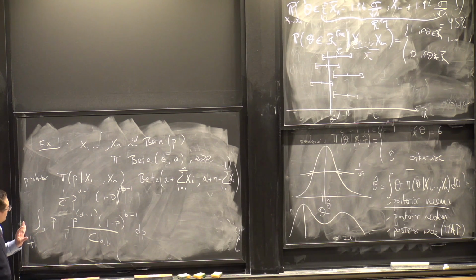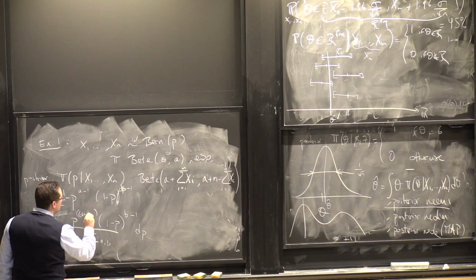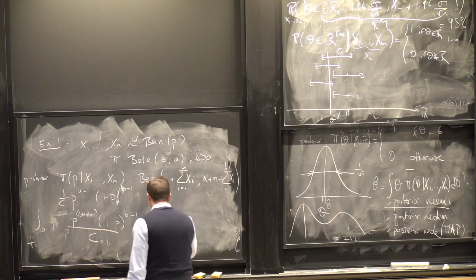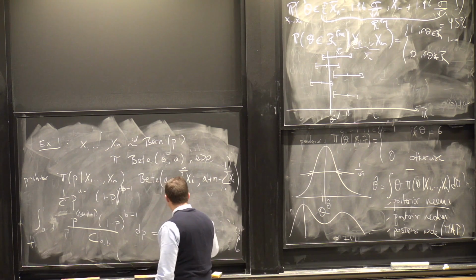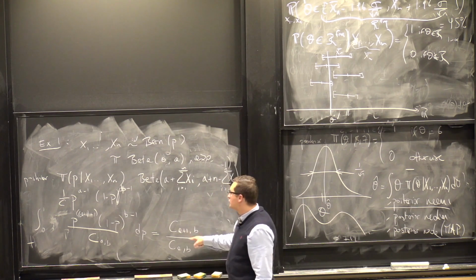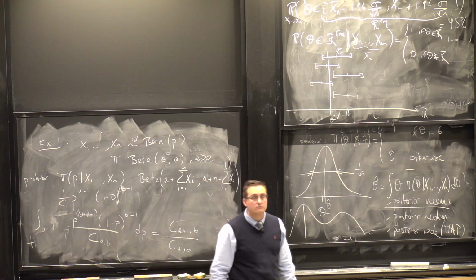So what does this thing look like? Well, I can actually move this guy in here, and here I'm going to have a plus 1 minus 1. So the problem is that the constant is going to play a big role, because this is essentially equal to c(a+1, b) divided by c(a, b), where c(a+1, b) is just the normalizing constant of a beta(a+1, b).